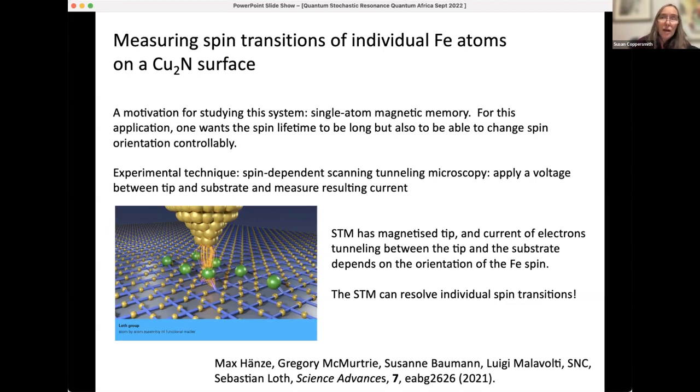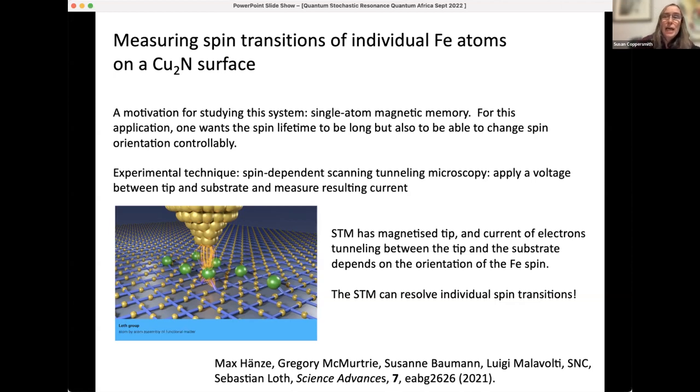But in the meantime, there's just been tremendous progress in a lot of areas of nanotechnology. But the one I'm going to talk about is one where people have been able to do studies of individual atoms using scanning tunneling microscopy.